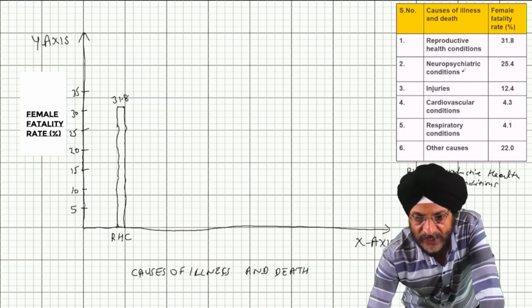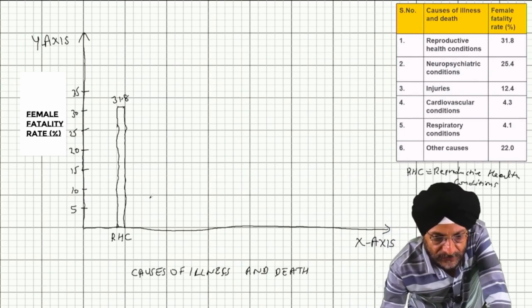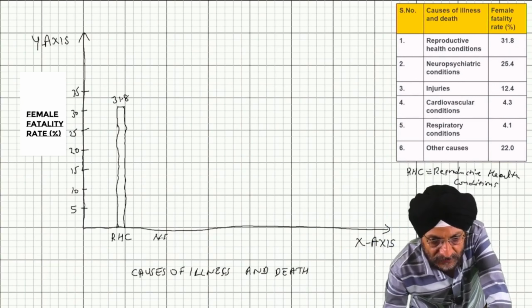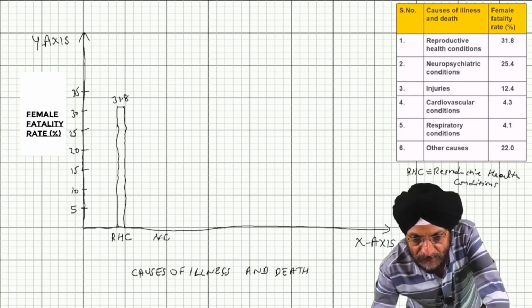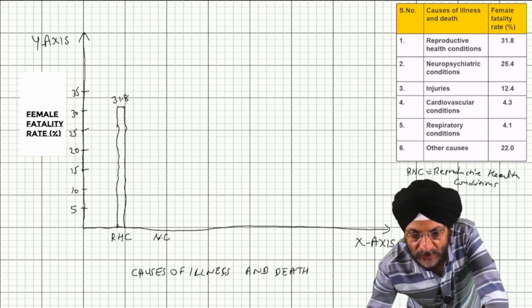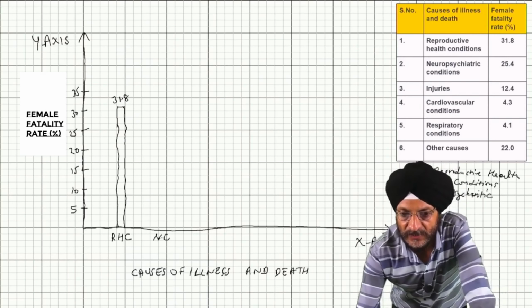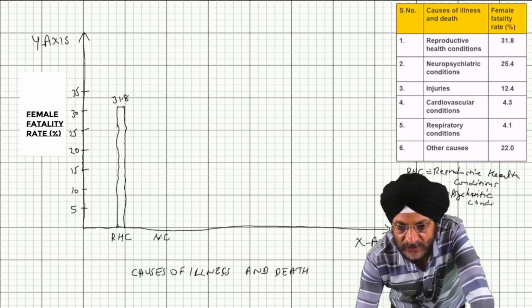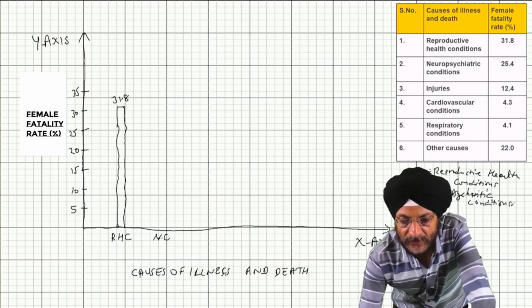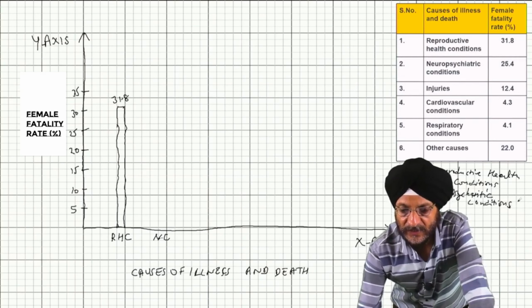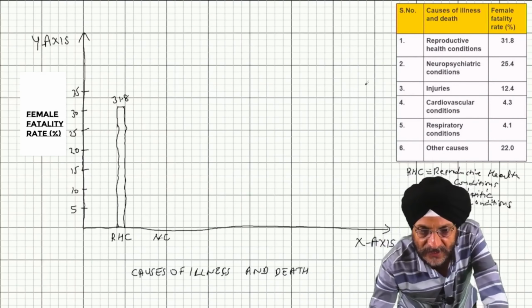Now next we take neuropsychiatric conditions. You can mention here NC, neuro. You are to clearly mention that you are taking these abbreviations. Otherwise, the teacher in the exam may cut the marks of the papers.